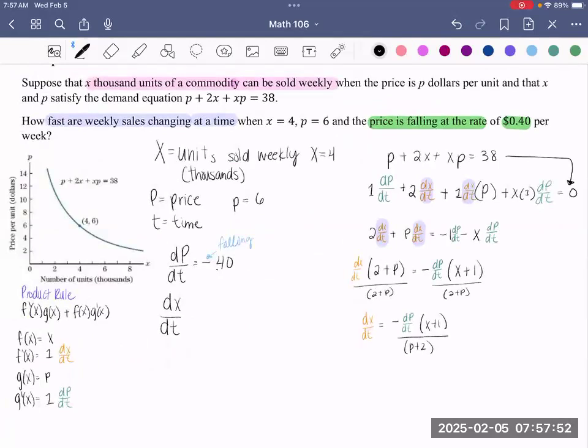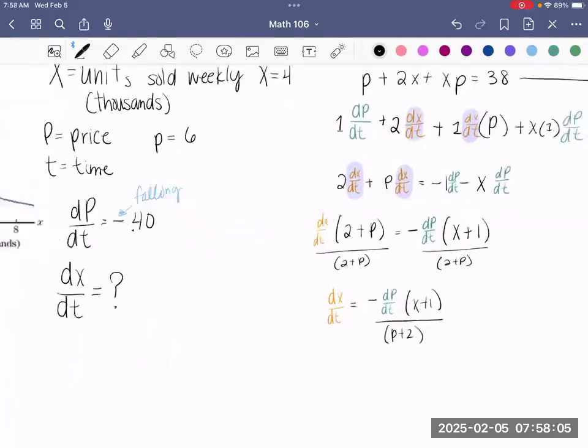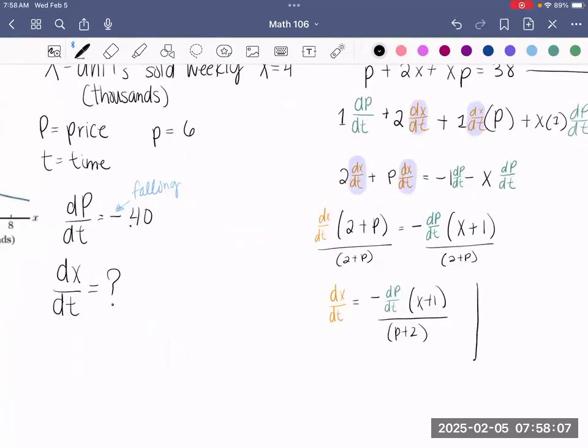So now that we have dx dt solved for, we now need to figure out at what rate it is changing. How fast are weekly sales changing at that particular time? So we know that x is 4, p is 6, and dp dt we said is negative 0.40.